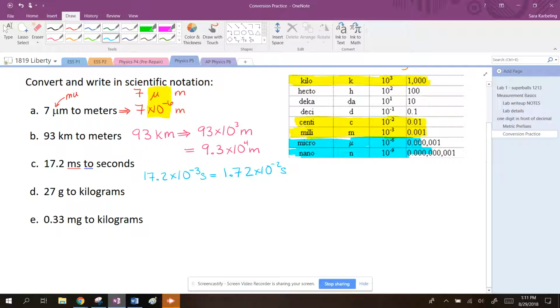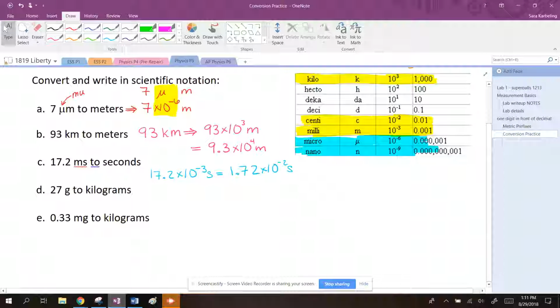Help me out with this next one. What's up with that? We're in grams, we're converting to kilograms. This is a different game, right? In these first 3, for my friends that are not as familiar with this, let me just review what we did. We translated the prefix into a 10 to the whatever.